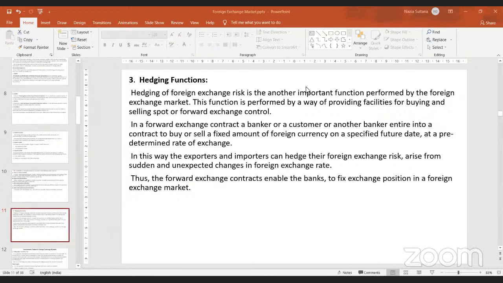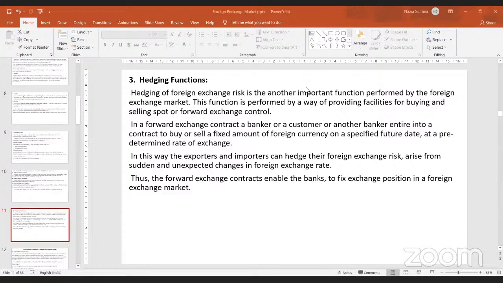So the risk which is there in a foreign market is being reduced. People can be safeguarded against the risks arising from buying and selling of foreign currency through this particular function of hedging, where they will buy and sell foreign currency at spot rate or at forward rate, which is called a spot transaction or a forward exchange transaction.